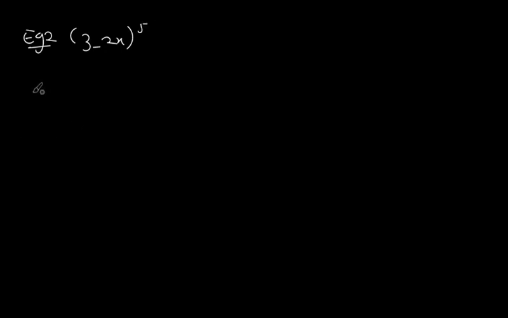So let me first write down the general way of expansion, just so that you know. So (a plus x) raised to the power n will give us what? a raised to the power n plus n a^(n-1) x. I'm sure by now you are getting used to the trend.